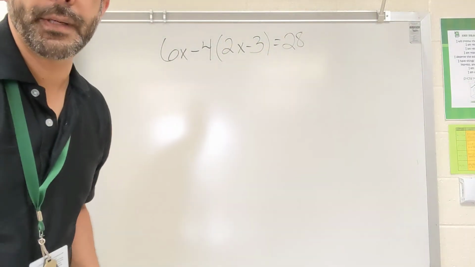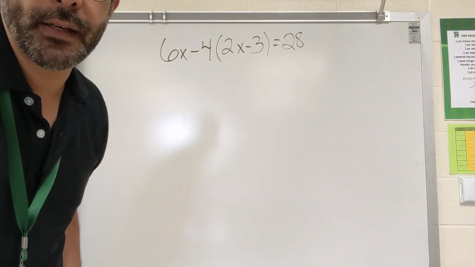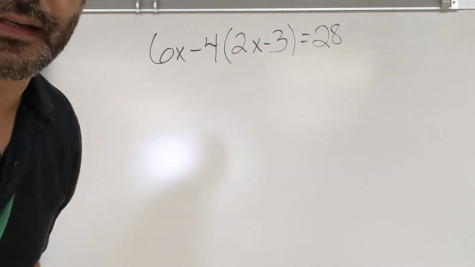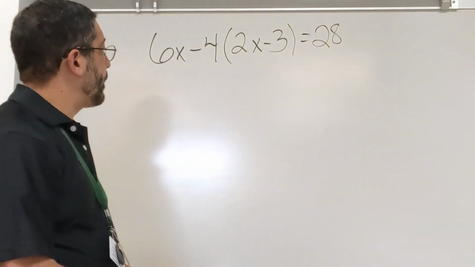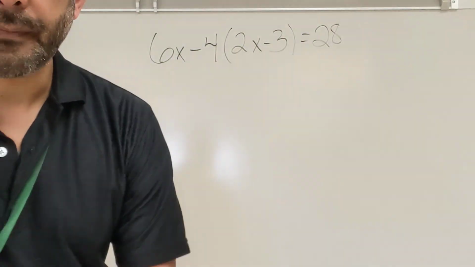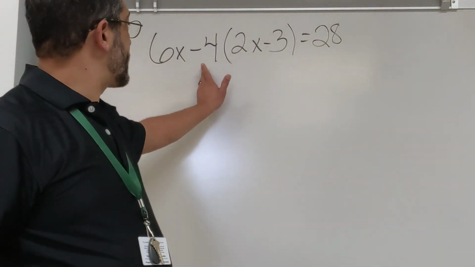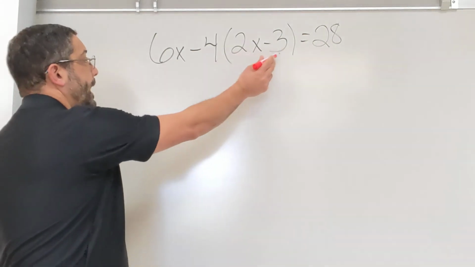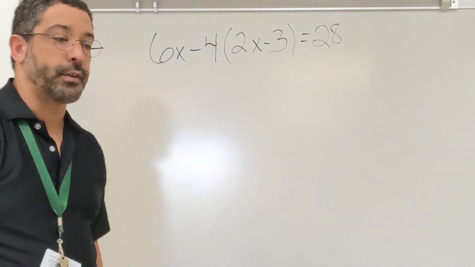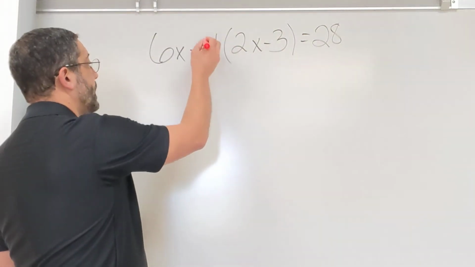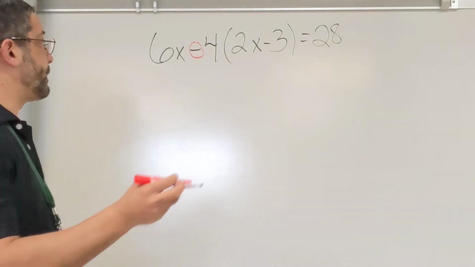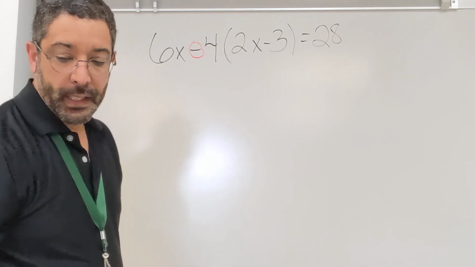All right, so let me go ahead and zoom that in a little bit for you. What we have to remember here is that this is not just 4 times 2x minus 3, it's actually negative 4 times 2x minus 3. So this negative is going to travel with the 4 when I distribute into my parentheses.